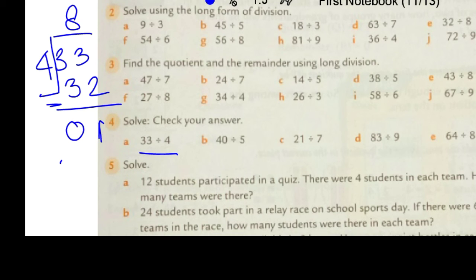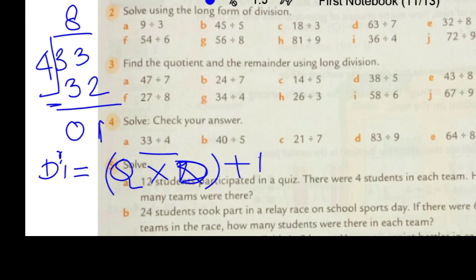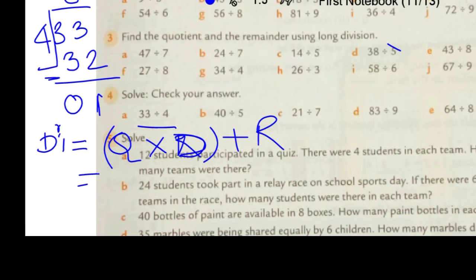Now, we'll put this in the formula. What was that? Yes, dividend is equal to quotient multiplied by divisor plus remainder. Now we'll put the numbers. Our quotient is 8, divisor is 4 and our remainder is 1.